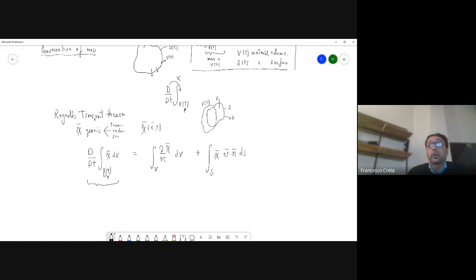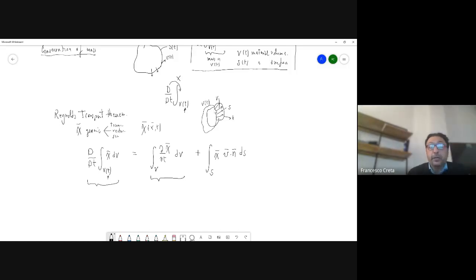So what we're actually looking at here is a sort of flux. Maybe it can be represented like this, but I don't know how clear this picture would be. So let's see what this term here is.